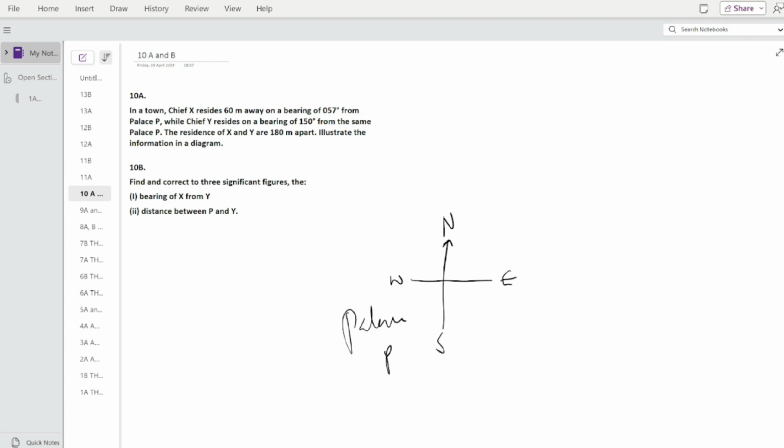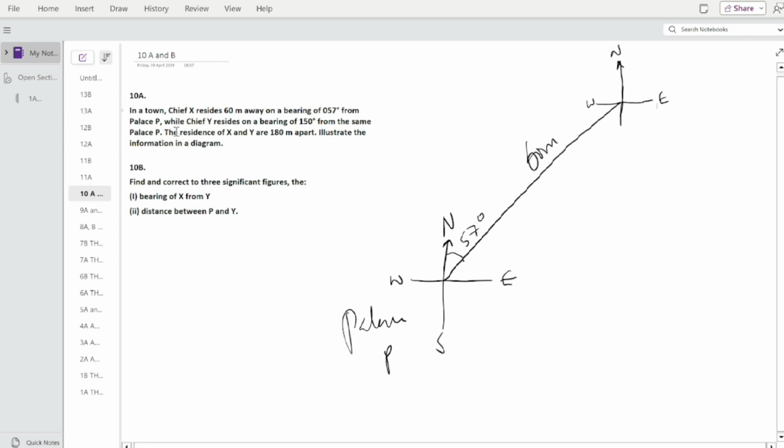You can name it P. We take our readings from the north, and from the north to the east is 90 degrees. So 57 is somewhere in the middle, taking it from the north. We go 57 degrees. We can indicate it here, 57 degrees. 60 meters away we have Chief X's house.